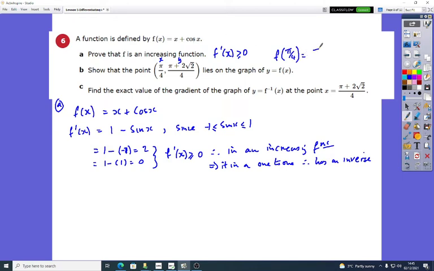The reason why I say 45 degrees is because in GCSE, when you did cos 45, you know that cos of pi over 4, cos of 45, is the same as root 2 over 2. Your calculator will tell you that, but you should know that. Okay? Cos of pi over 4 is root 2 over 2.